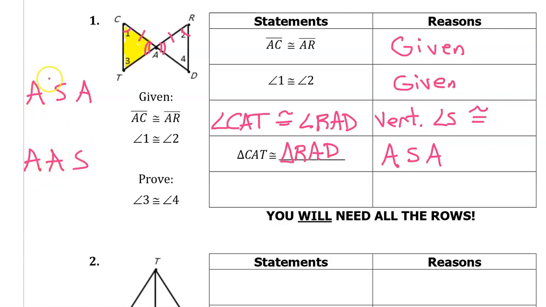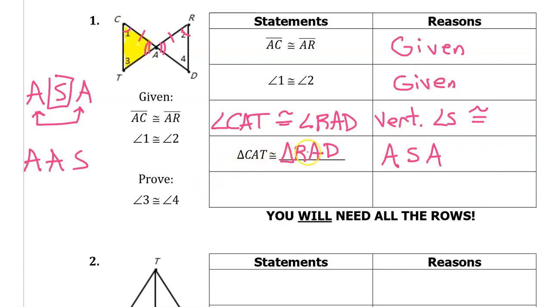The difference is if the side is between the two angles, that's when it will be angle, side, angle. And I see that here's one angle and here's the other angle. And so the marked side is right here between those two angles. That's what made it angle, side, angle.